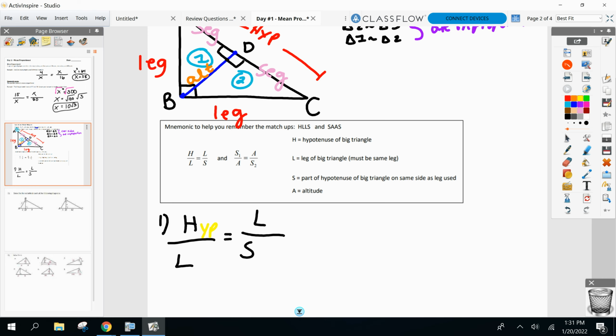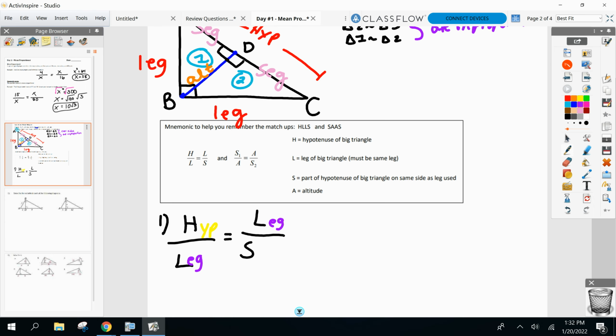All right, let's go to L. L is for leg. We put a leg of the right triangle on there. Doesn't matter which one. But when we go to the other L, which stands for leg, same leg that you just used down here.